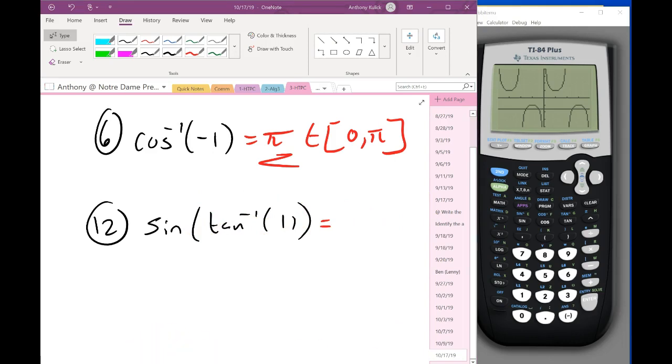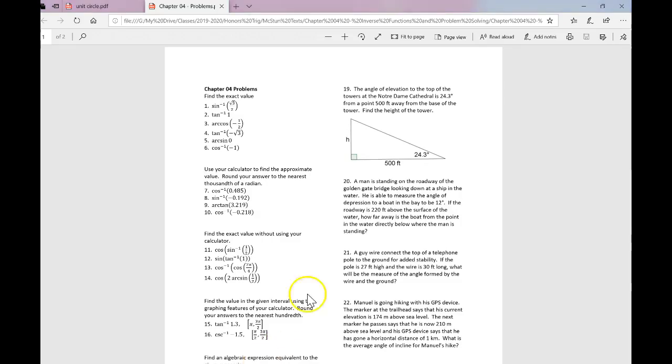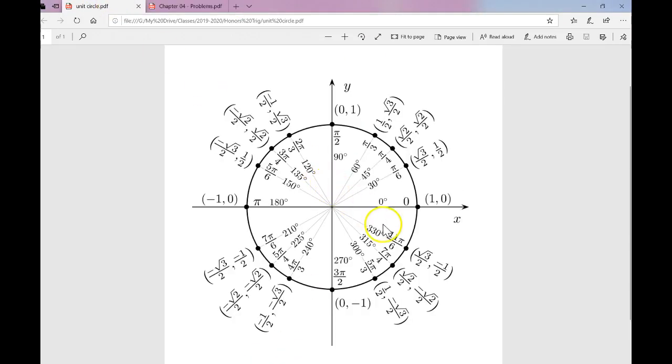I'm going to do that using my unit circle. Tangent is positive in the first quadrant and in the third quadrant, right? And tangent is sine over cosine. So pi over 4, and then also 5 pi over 4.